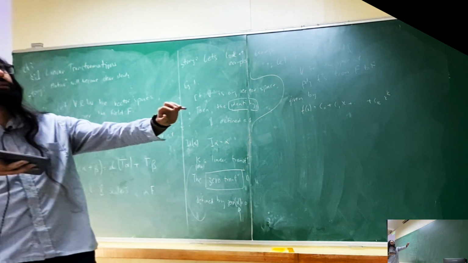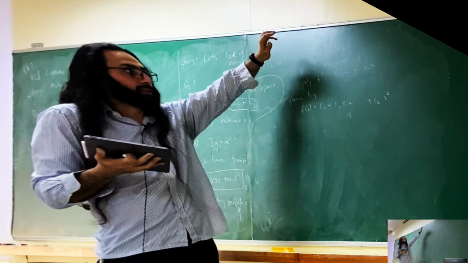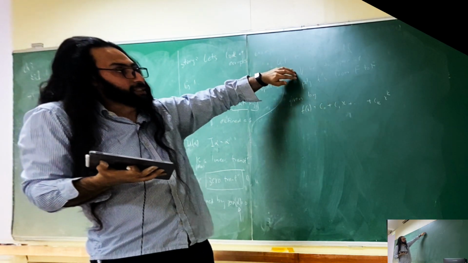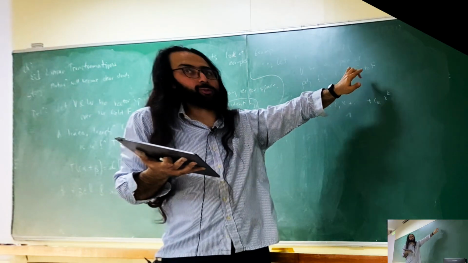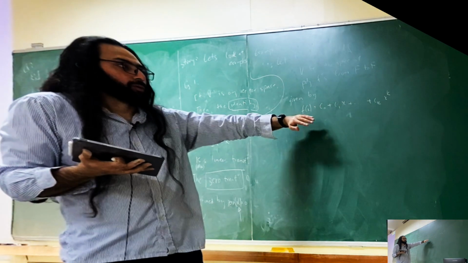So we are saying that consider some field F that's fixed. And now we need to define B to be the space of all polynomial functions going from F to F of this form.